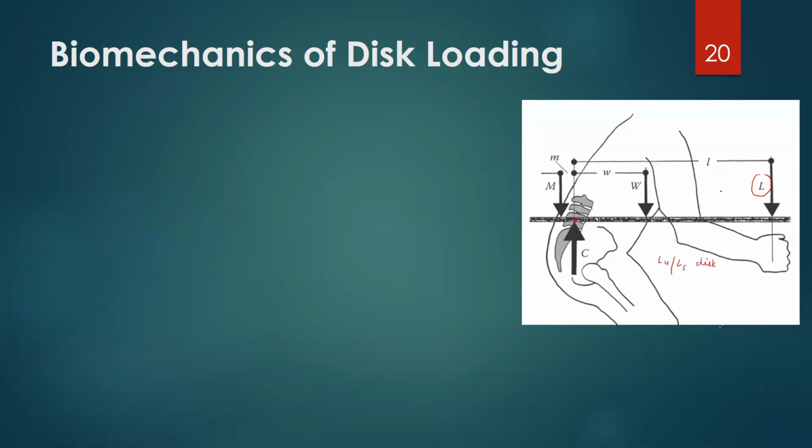The distance of this load held in front of the body from the center of the backbone, that is the center of the disc as well, is small l. The weight of the upper body of this person is capital W, and the distance of the weight of the upper body from this center point is small w.